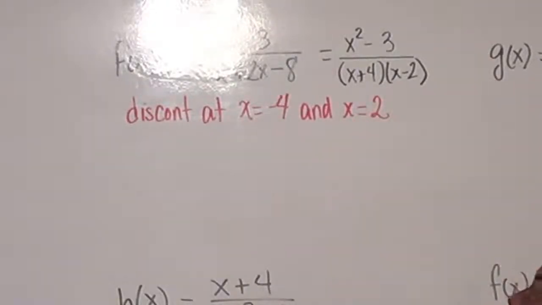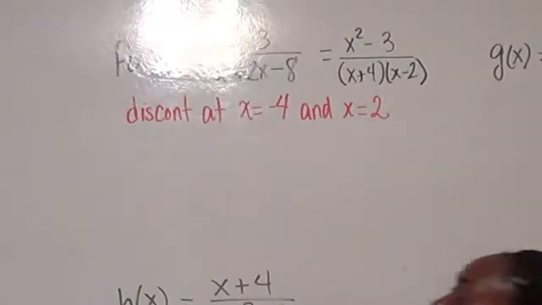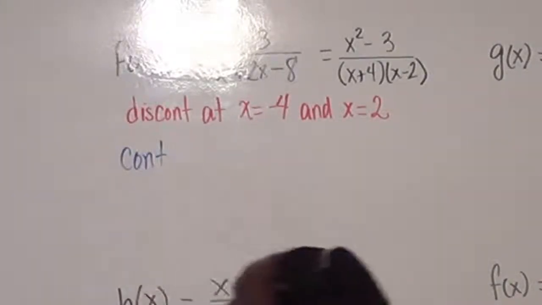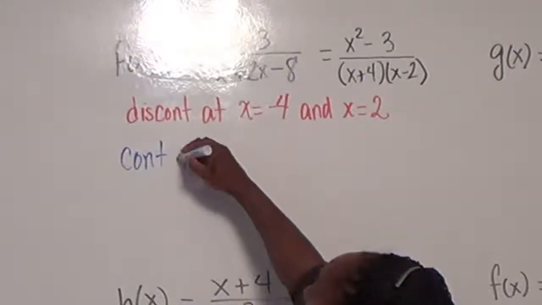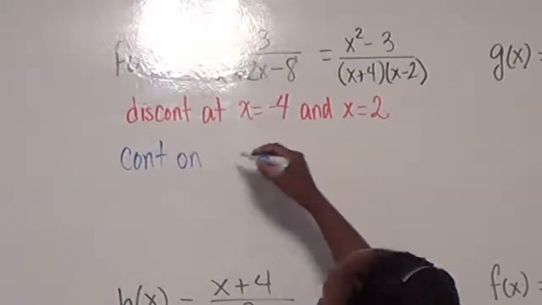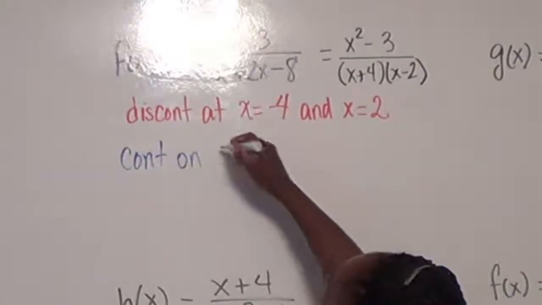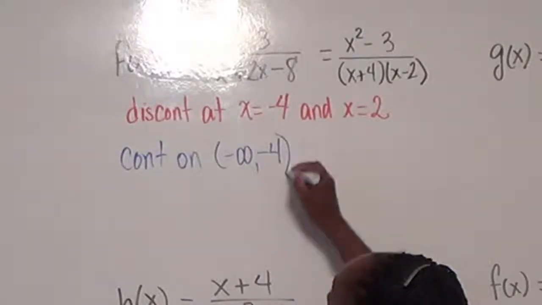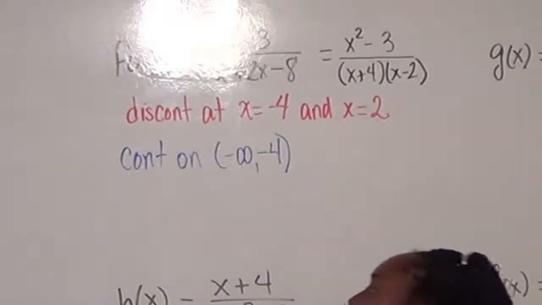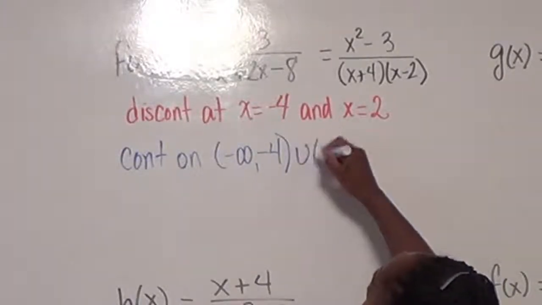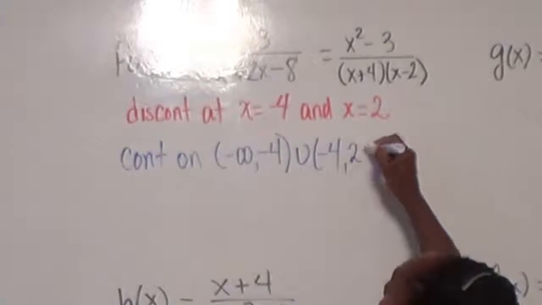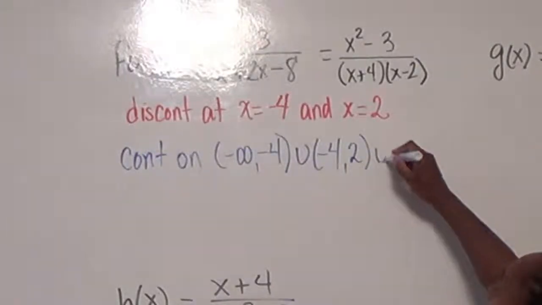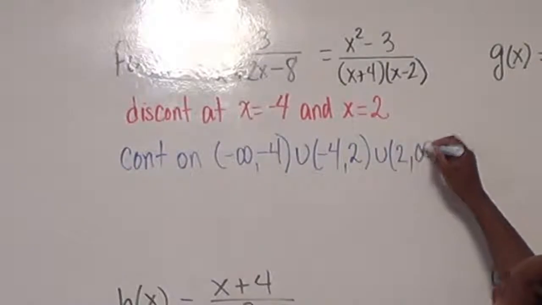For the intervals of continuity, we can see that this is continuous on the interval from -infinity up to -4. We're not going to include -4, so that's an open parenthesis. Union -4 to 2, so all the values between those, but not including them. And then from 2 to infinity.